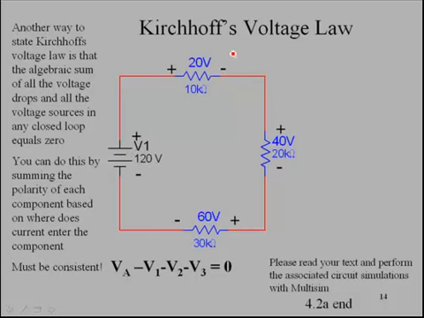So we start out with 120, and then we're going to sum, based on where current enters the component. So we start out here with a positive, and then we're entering this component, and we have a minus sign. So we go minus 60, and we continue around minus 40, continue around, and minus 20. Now if we sum these values, the sum is going to be 0.